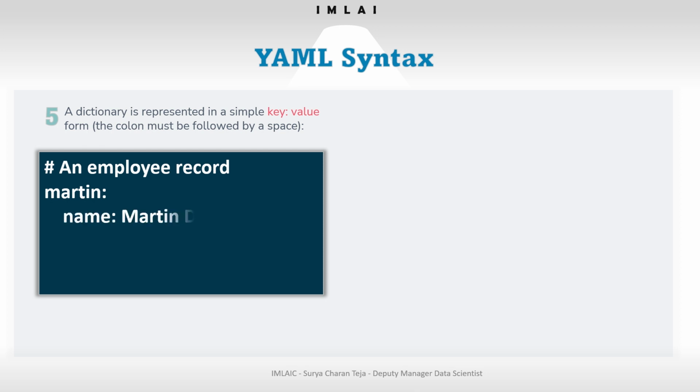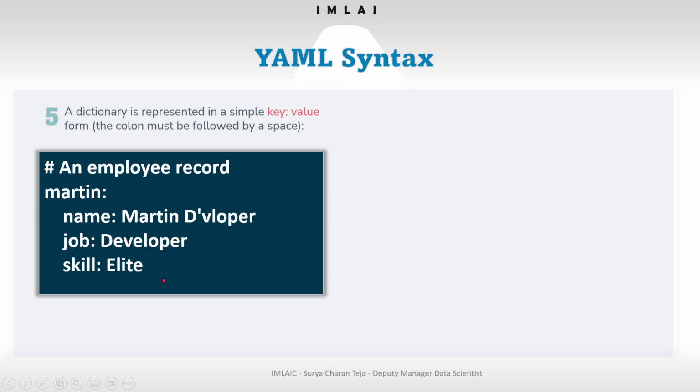So now with an indentation the name begins, then colon space and the name of that guy, then job of that guy, and lastly skill of that guy. That's how you represent a dictionary using a space, using a tab and indentation.